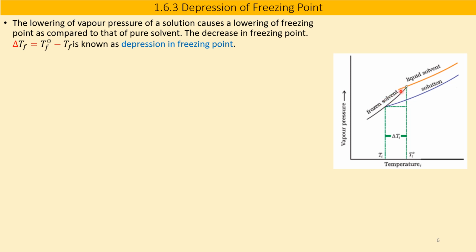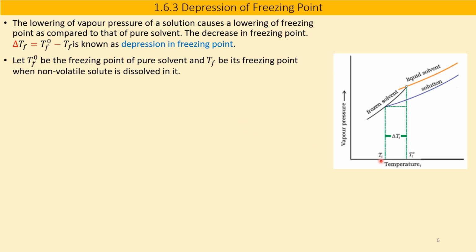See, for example, the orange line is for liquid solvent and the dark line is for solution. When the vapor pressure is lowered, the freezing point of liquid solvent has fallen. So this decrease in freezing point, noted as delta Tf equals Tf naught minus Tf, is called depression in freezing point.